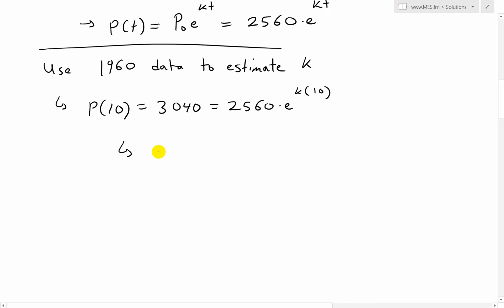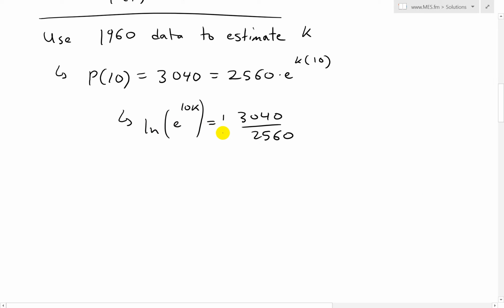So what we end up getting is e^(10k) equals 3040 over 2560. Now we can use the natural log property to take ln of both sides so we can cancel this e right there.